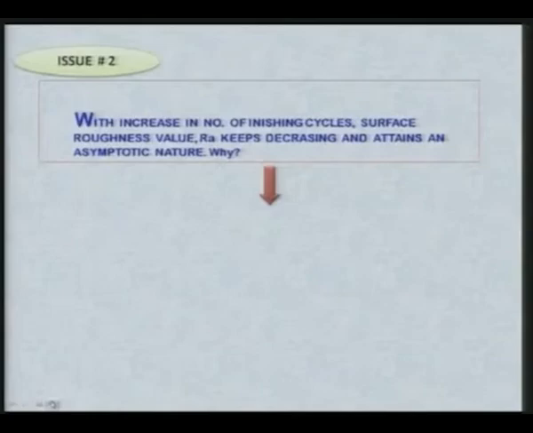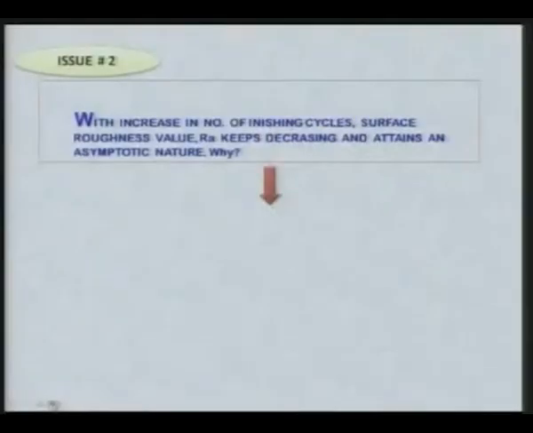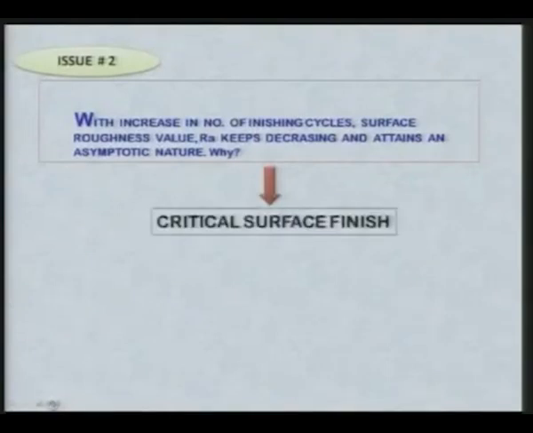The question arises: as a layman, in a general way, if you keep increasing finishing time, the Ra value should keep decreasing, but after a certain number of finishing cycles, its Ra value becomes more or less unchangeable or constant, or it attains an asymptotic nature, and that surface roughness value is named the critical surface finish that you can obtain for the given finishing conditions and the workpiece.